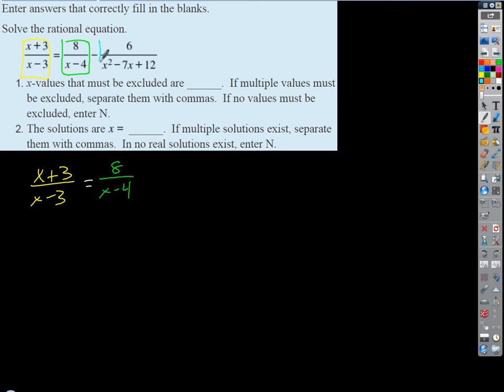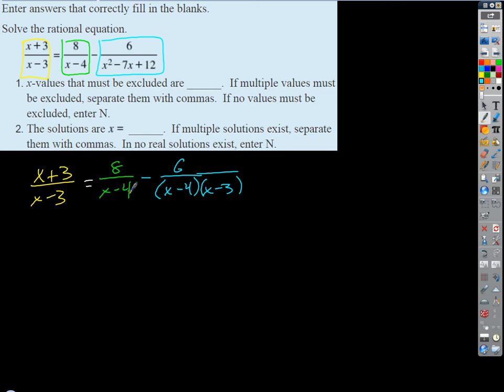So the bottom of the last one would factor into numbers that multiply to positive 12 and add to negative 7, which would be negative 4 and negative 3. And so we see the smallest product of factors that would include the yellow fraction needs to include the factor x minus 3.